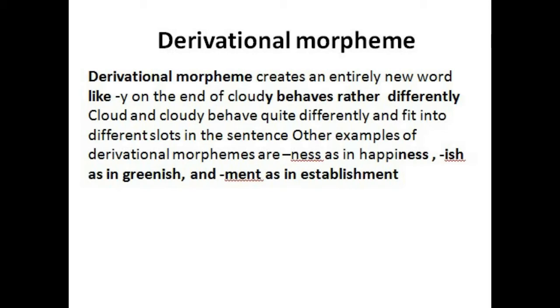So cloud and cloudy behave quite differently and fit into different slots of the sentence. Other examples of derivational morphemes are -ness as in happiness, -ish as in greenish, and -ment as in establishment. All these are derivational morphemes.